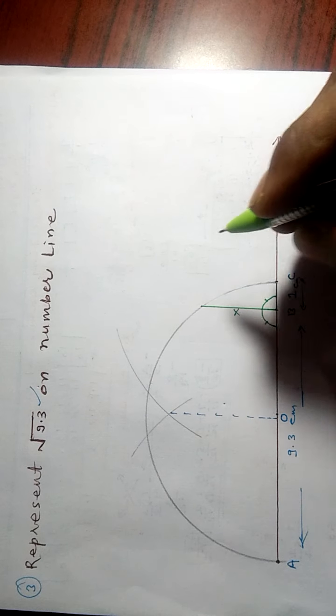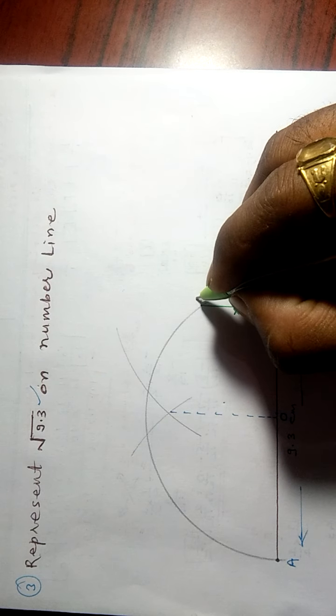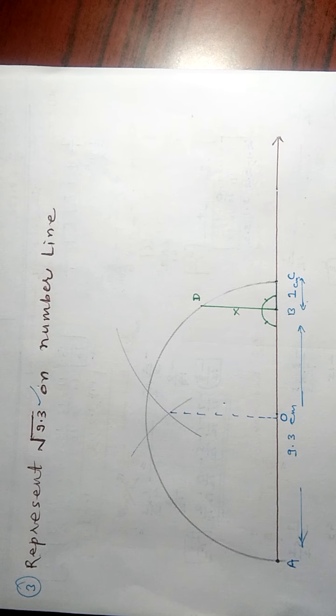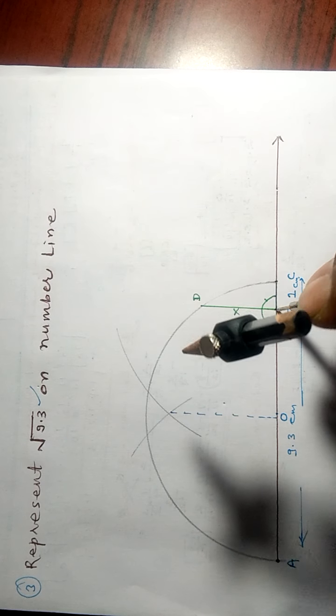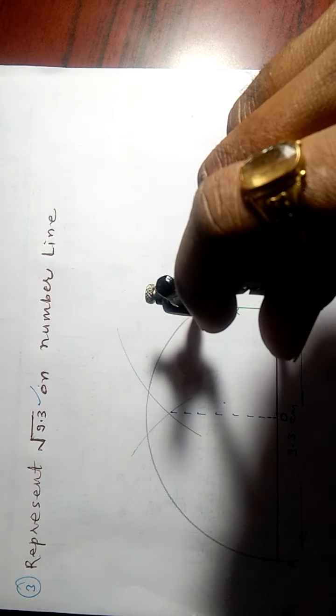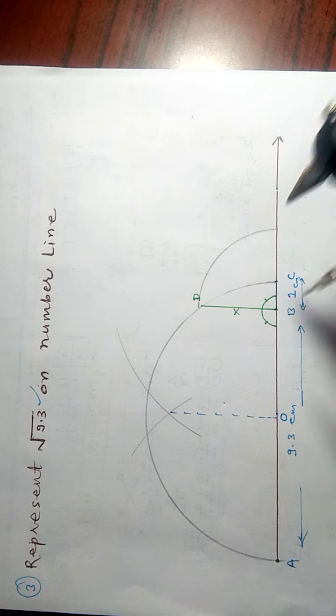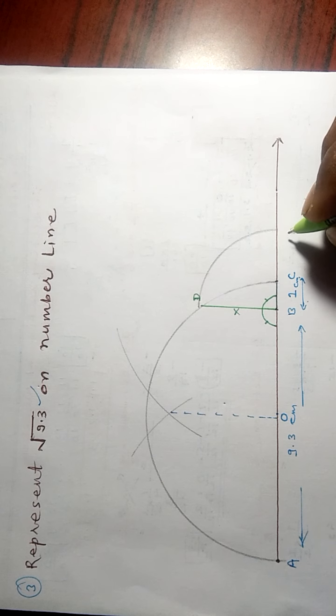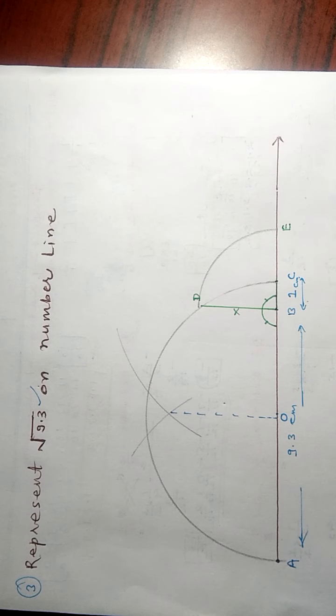Let it intersect the semicircle at point D. Now taking B as a center and DB as a radius, draw a circle, let it intersect the number line at point E. Now this BE will represent the value of root 9.3.